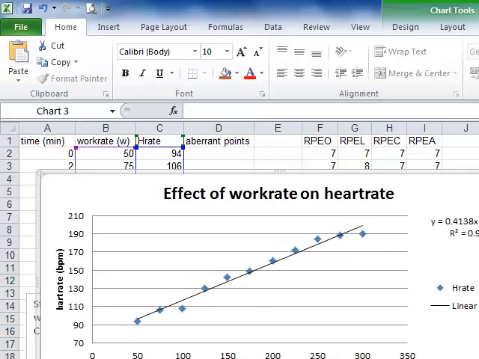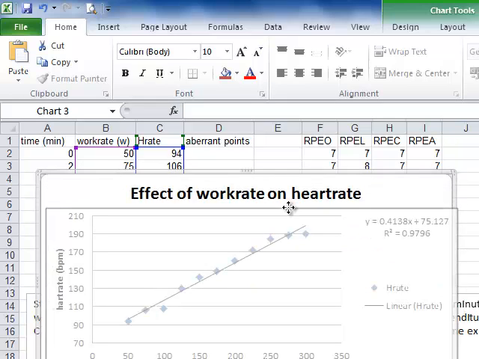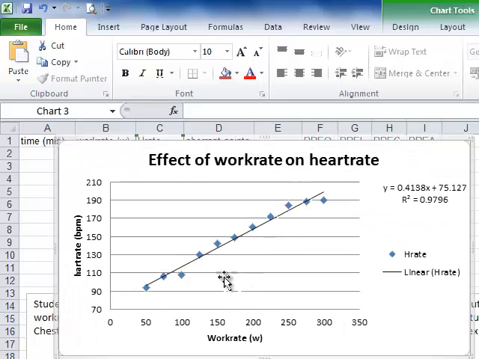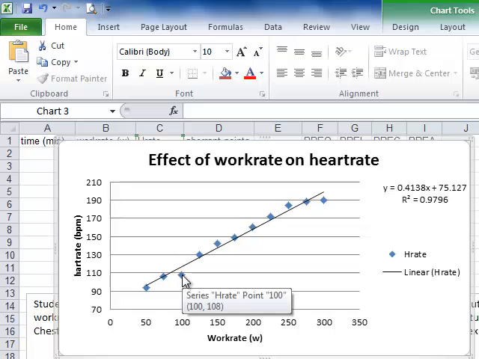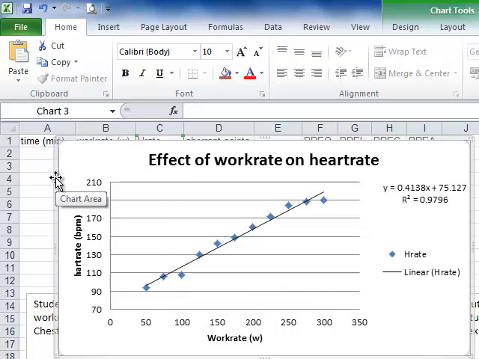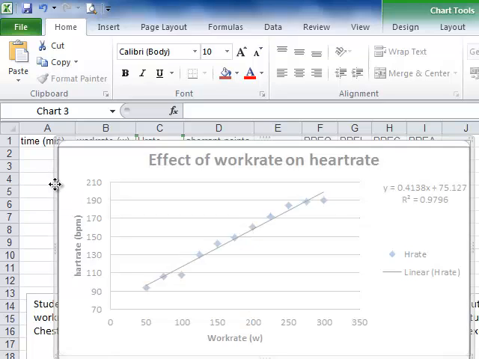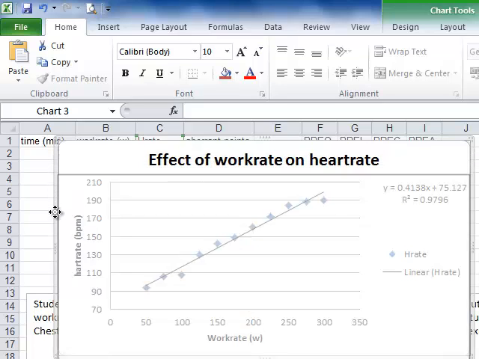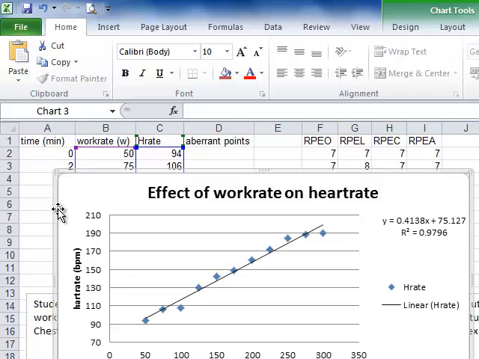I'll just resize my graph. So points which are identified as being out of fit, so the one at 100 watts, 108 beats per minute, I can actually move out of the column for the heart rate.